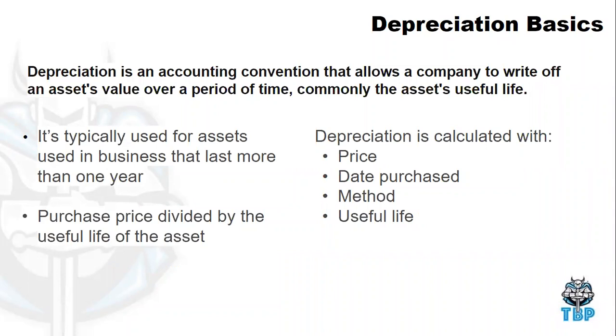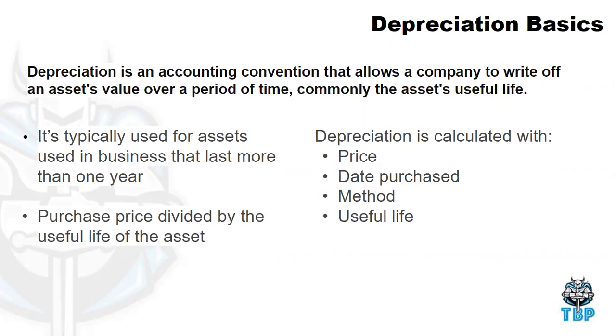What are the basics of depreciation, or what is depreciation? Depreciation can be very much simplified into just an accounting convention that allows a company to write off an asset's value over a period of time, commonly referred to as the asset's useful life. So in essence, depreciation allows you to take something that you purchased for a business, and you're spending money on that.